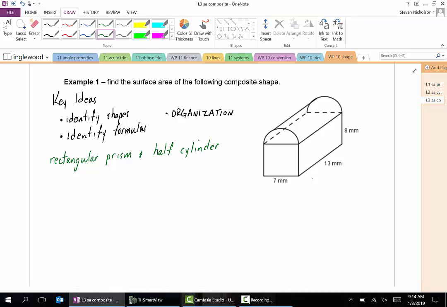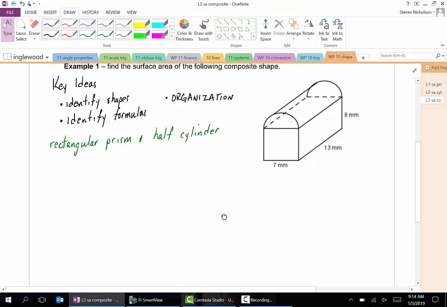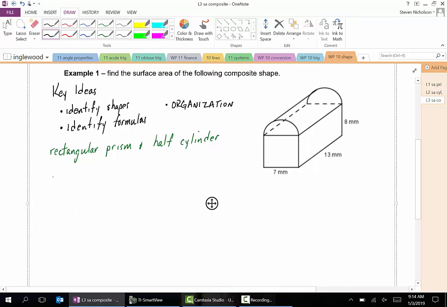I'm going to start at the bottom and go to the top, so I'm going to look at the prism first. With the prism, we just have to figure out the area of all the faces and bases. If we imagined it didn't have a cylinder on it, it would have a top.